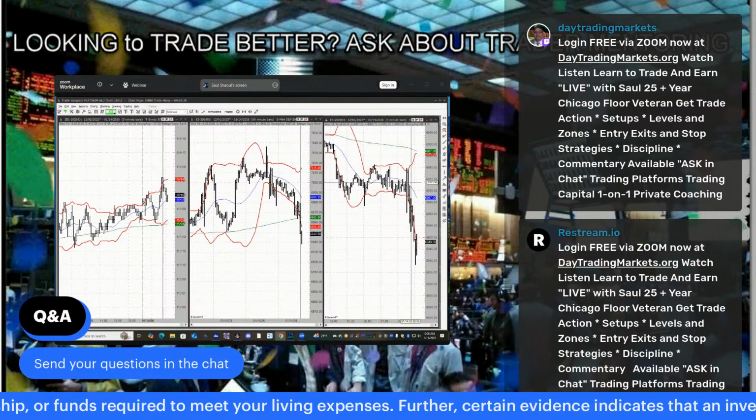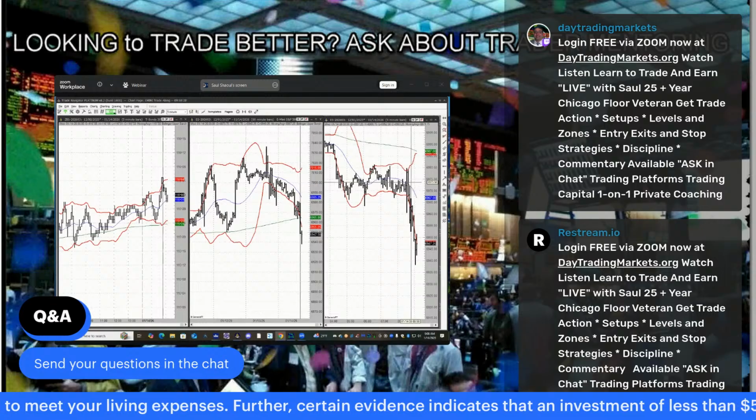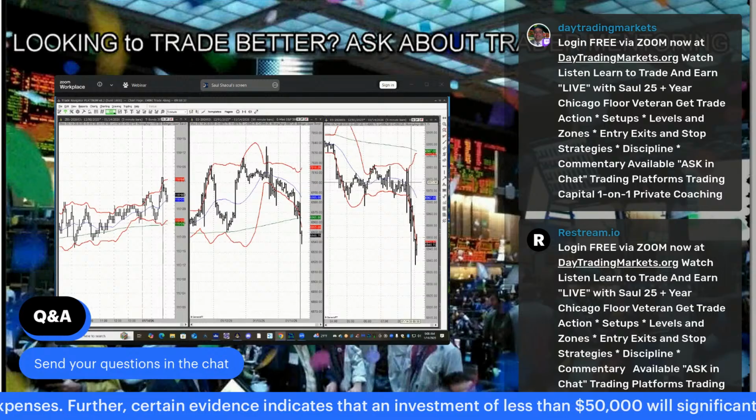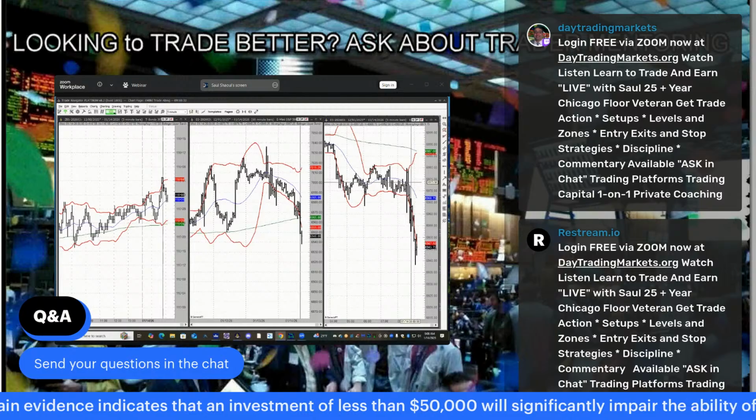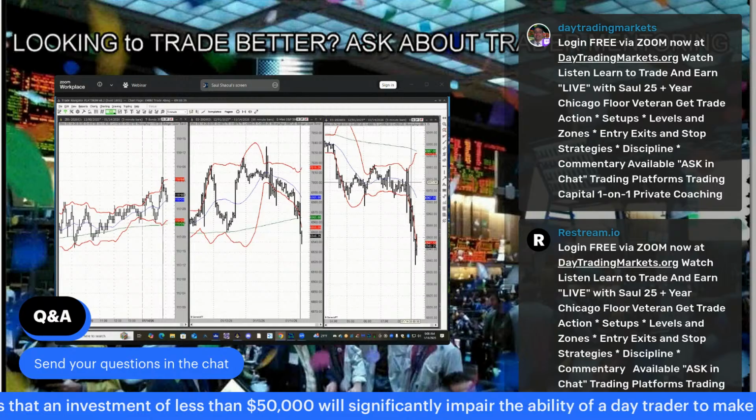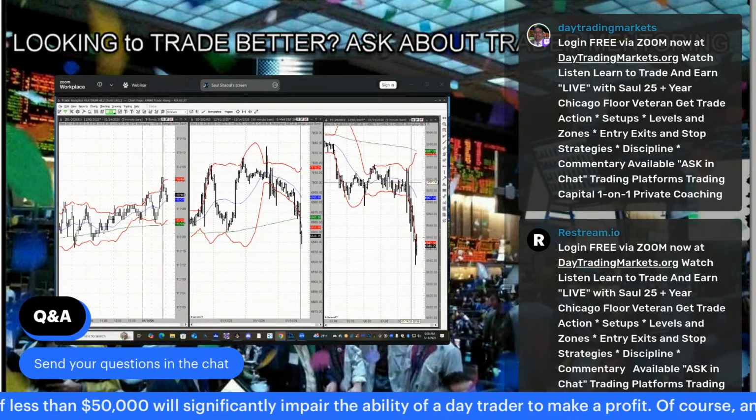All right, well, we got up to the 52 area. Again, a little resistance would be around the 65. Next support level we're looking at on the downside is down there at the 35.